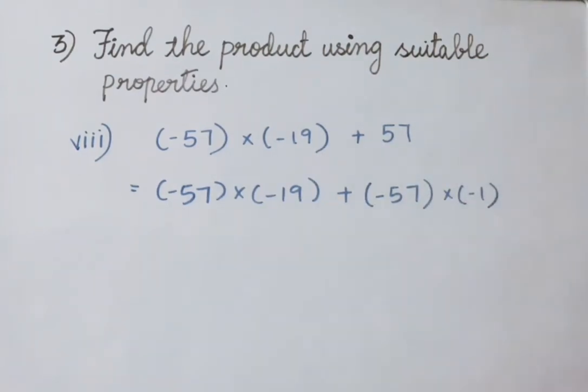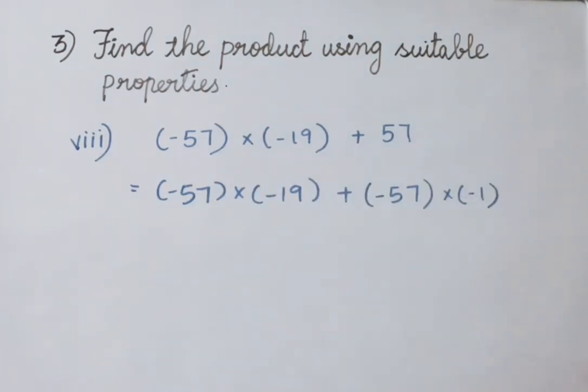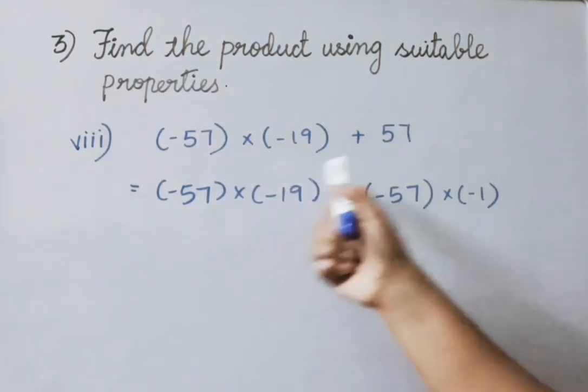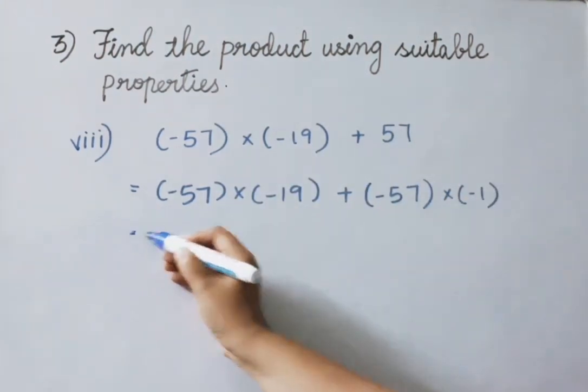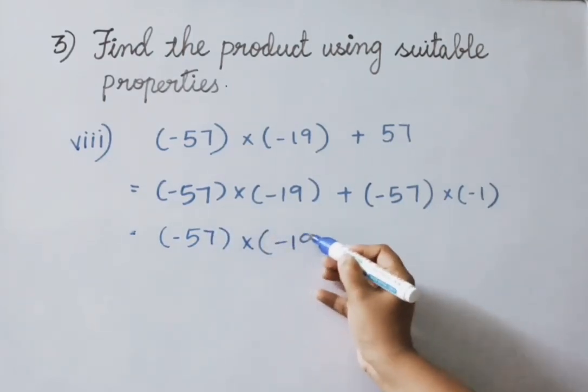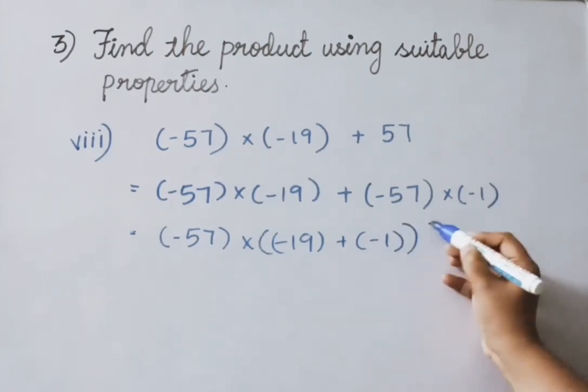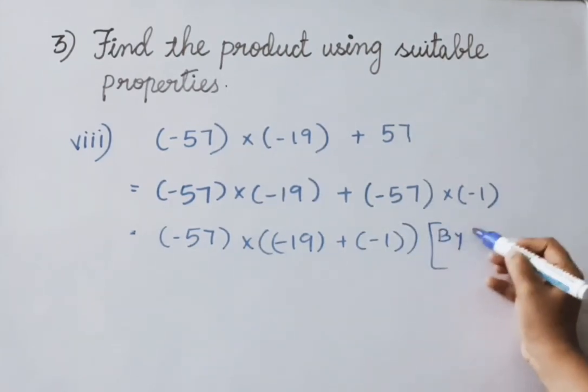Now this is looking like distributive property, A into B plus A into C. Now we have to write A into B plus C. That means minus 57 into minus 19 plus minus 1. So we applied here distributive property.